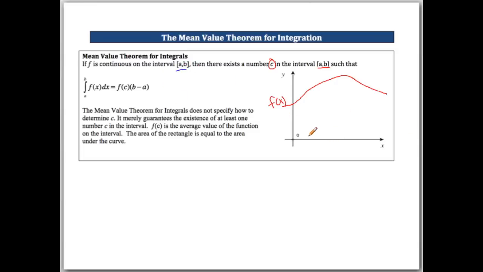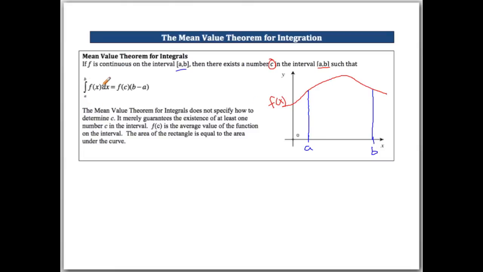So I'm just going to put an a here and an arbitrary b here. And if we look at this first part, the integral from a to b of f of x dx is going to be the area under the curve, between the curve and the x-axis and then between these two, a and b, on our interval.